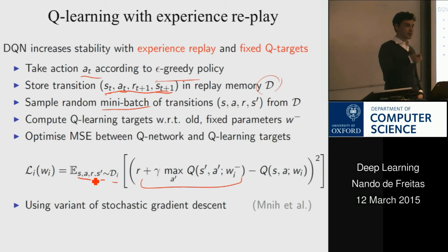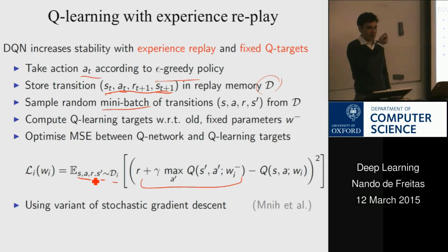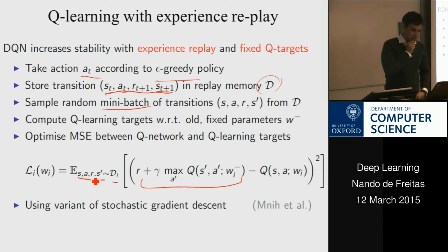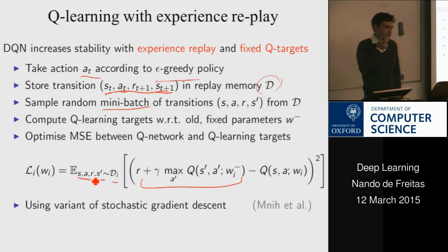So this is basically like SGD, where instead of just using the current thing, we're going to use a mini batch. This is kind of like going at random into your data, picking a mini batch, and using that to update, to stabilize the algorithm. And then to minimize this, they just do SGD. And that's essentially DQN.